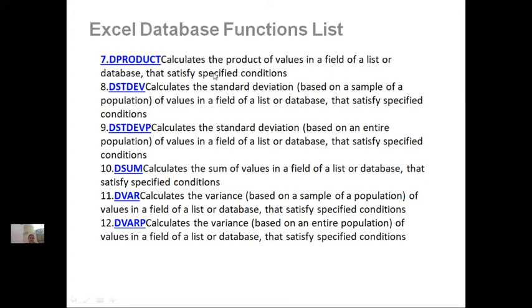Now let us see what is this dproduct. It calculates the product of values in a field of a list or database that satisfies specified conditions. Product of values means we multiply the values in the field of a list or database.